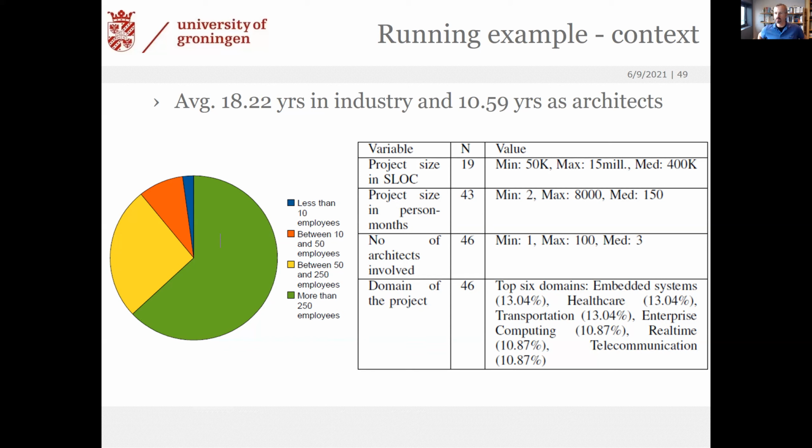So most of the participants were in large organizations with more than 250 employees. And then the table has the project characteristics, how many lines of code, how many person months, how many architects, and so on. So we were relatively happy because the variation here is relatively good, and we are able to generalize to a number of different architects and organizations.